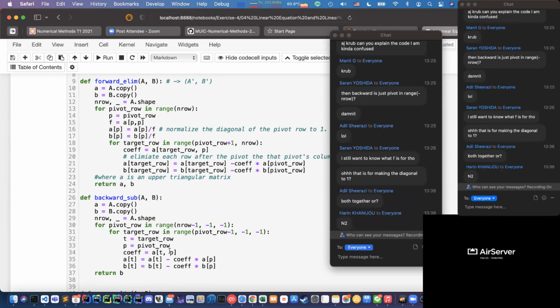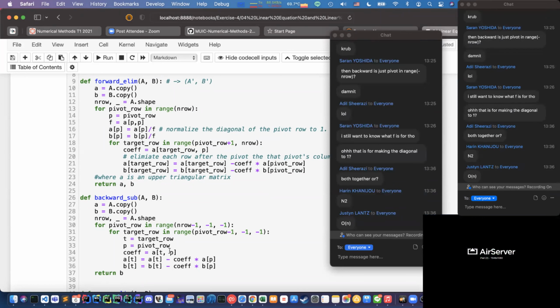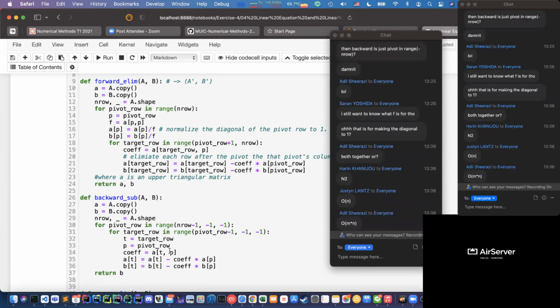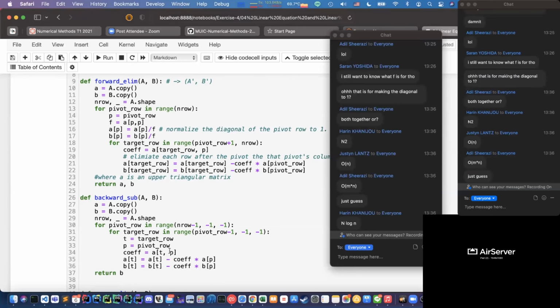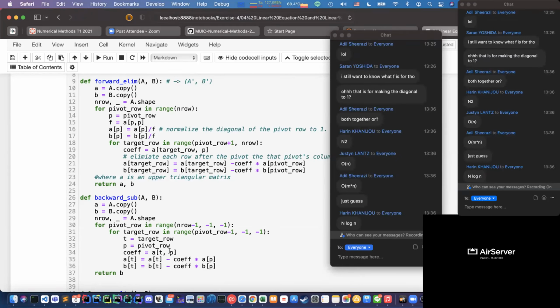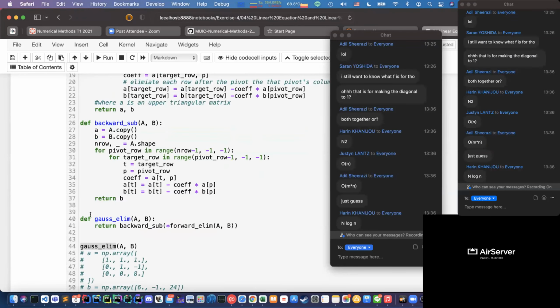No, not n square, be careful. Not m by n. What's m? You only have n, right? A has to be an n by n matrix. So A is an n by n matrix.